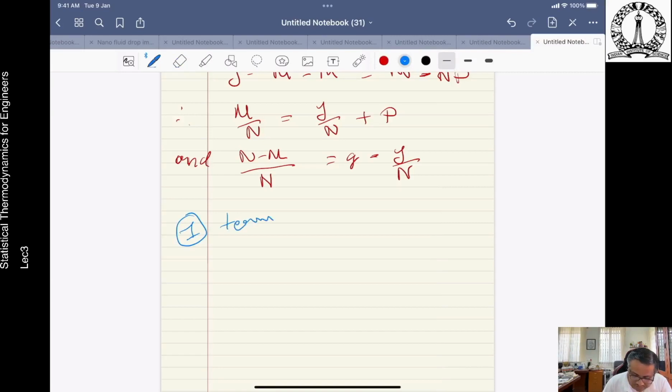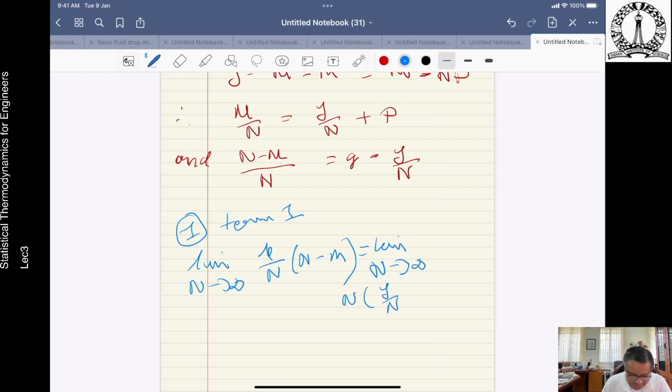This is term 1. In the limit n goes to infinity, mu by n minus m is given as, let's write it in the next line, y plus np into q minus y by n, and this is equal to nq.